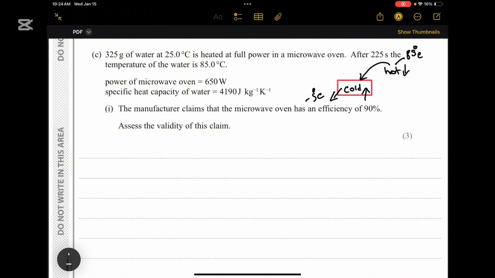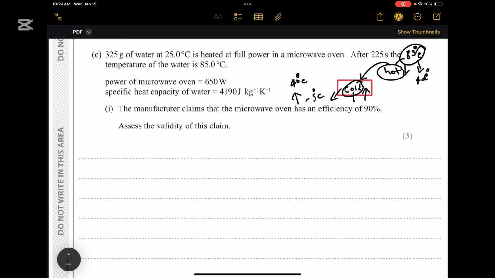So when these two mix, the cold water will become, let's say, 40 degrees Celsius, and the hot water will decrease down to 40 degrees Celsius. So we can say the temperature of hot water is decreasing and the temperature of the cold water is increasing. This is what will happen.